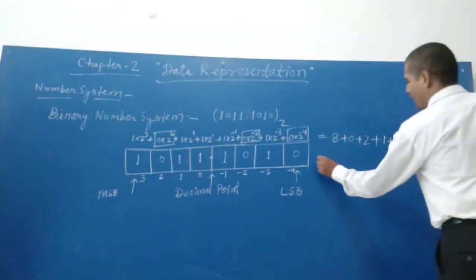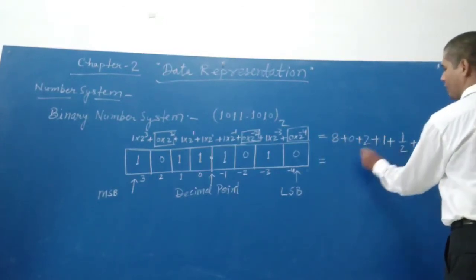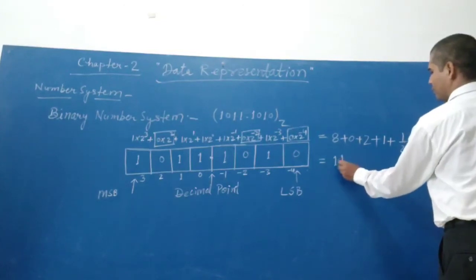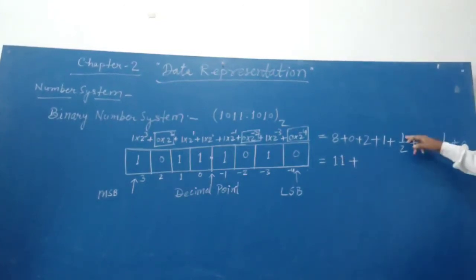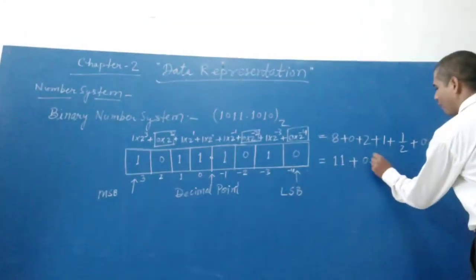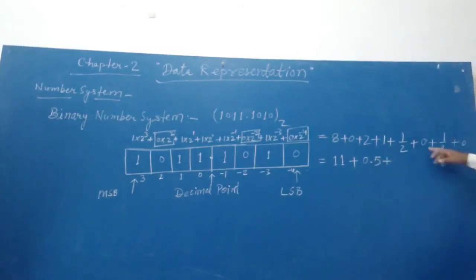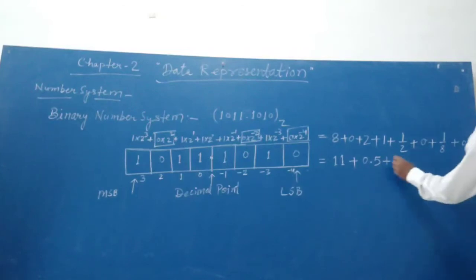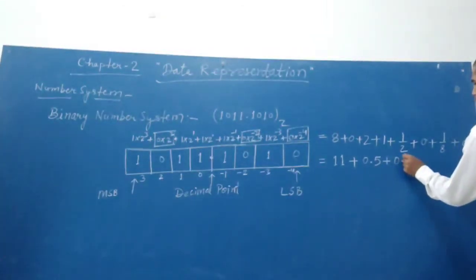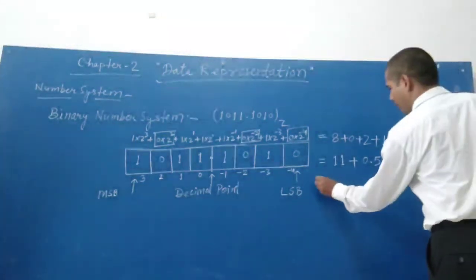Now we add these numbers: 2 plus 8 is 10, plus 1 is 11, and plus 1 by 2 means 0.5, plus this 0, and 1 by 8 means 0.125. Now we add the whole number.